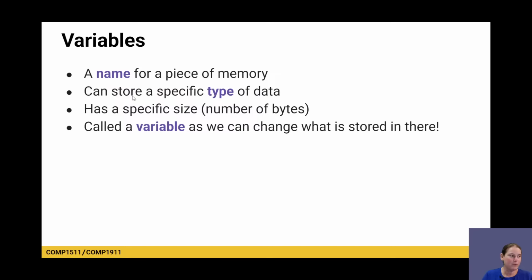For example, there's a type called int, and that allows you to store integers, which are just, say, whole numbers. And depending on what type you ask for, you'll get a specific size in memory. So C will work out, oh, you want an integer, that's 4 bytes, here's 4 bytes, or whatever it is. And you can store data in there, and it's a variable, so you can change it whenever you like.